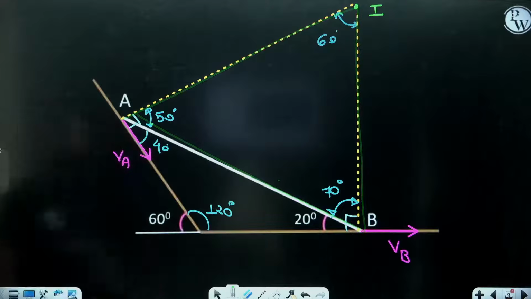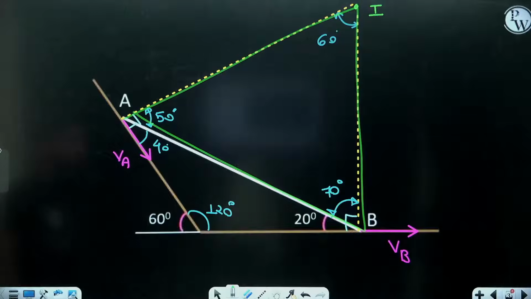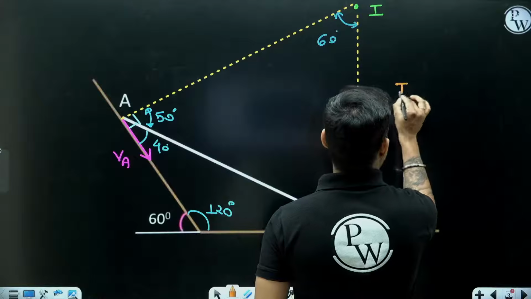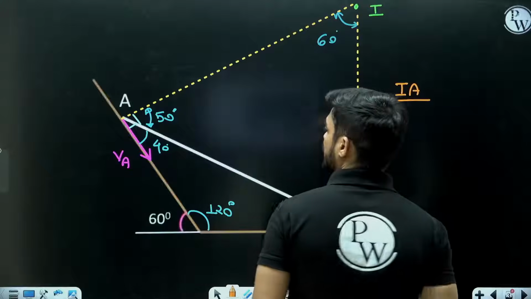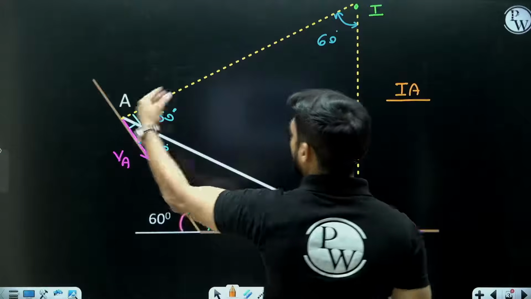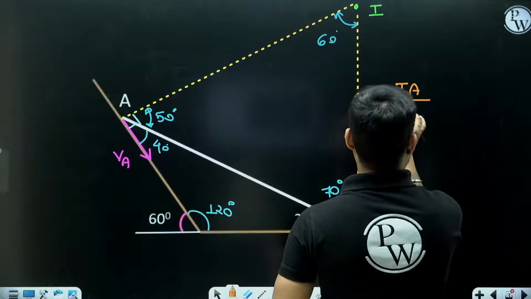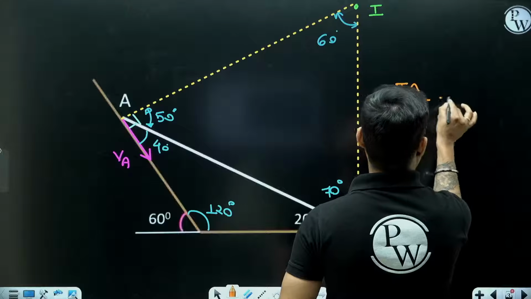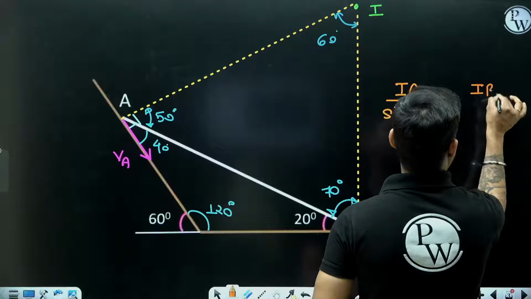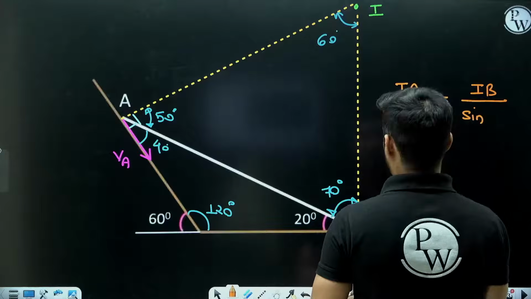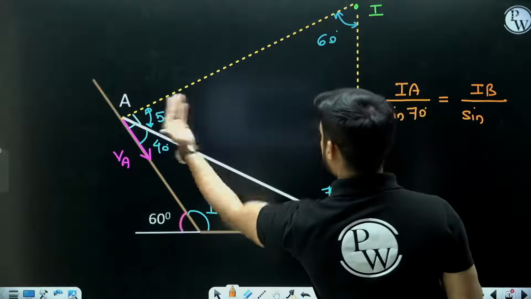In this triangle we can apply the sine rule, right? We need to find IA by IB. So I can say that IA divided by sine of the angle opposite to IA, which is 70 degree, equals IB divided by sine of the angle opposite to IB, which is 50 degree.